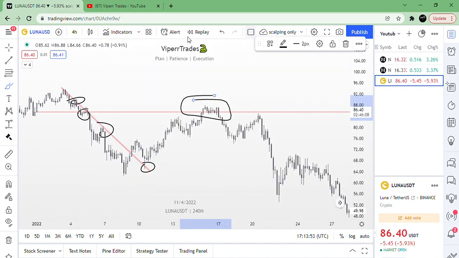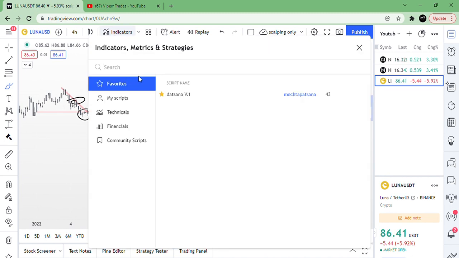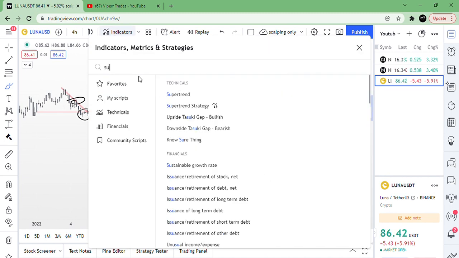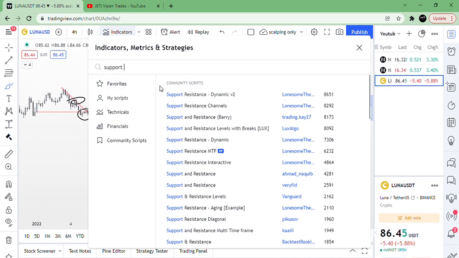And also for those of you that are struggling with support and resistance, I know some of you may not grasp it straight away, use this. It's called support resistance channels. So yeah, use it. I do believe it will be beneficial to many of you who are struggling to initially find support and resistance.